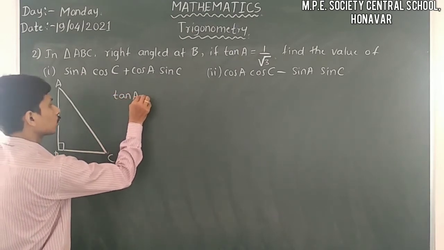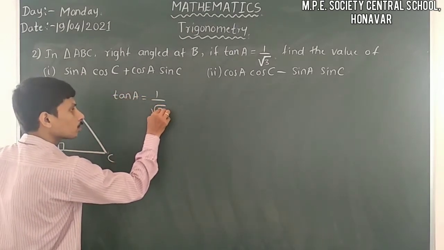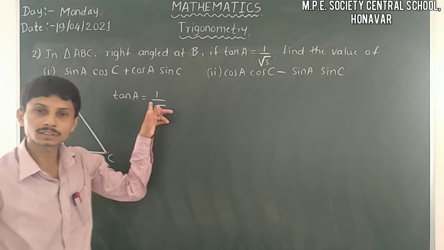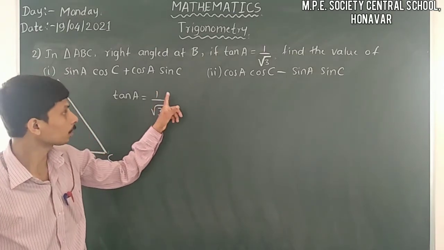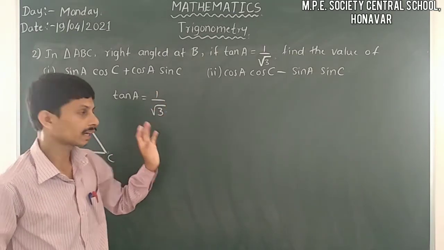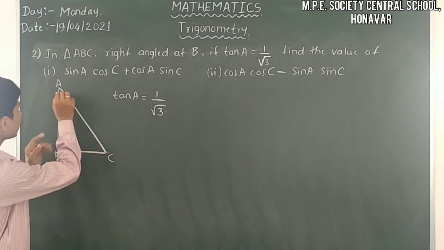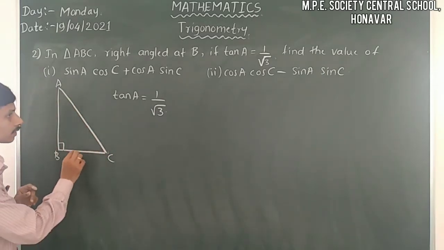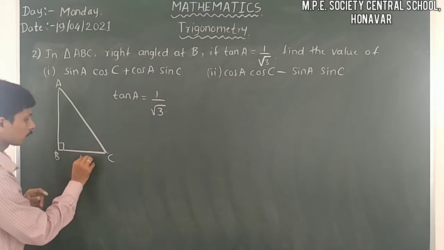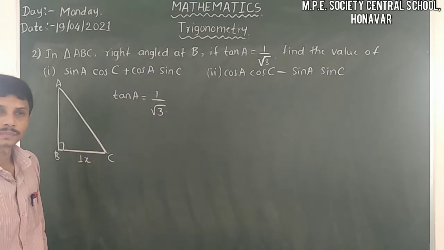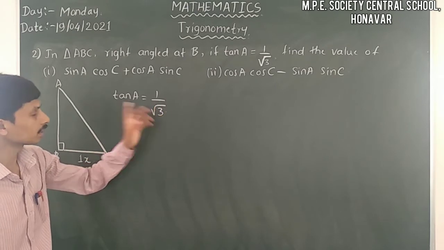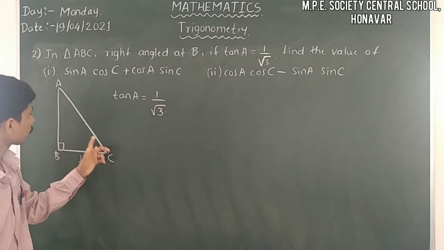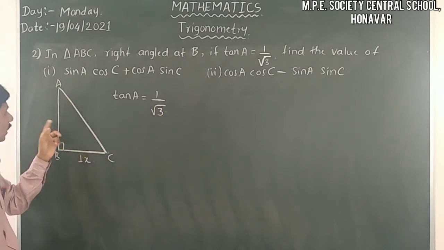Tan A is equal to 1 by root 3. The tan function is nothing but opposite side by adjacent side. If you take angle A here, what is the opposite side? That is 1, so I will take it as 1x. And this is the adjacent side.